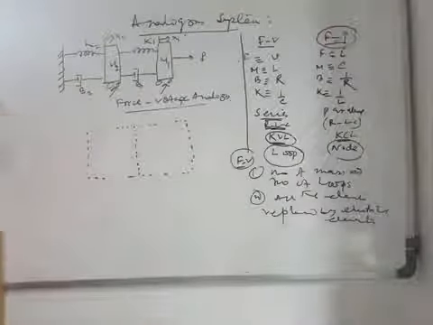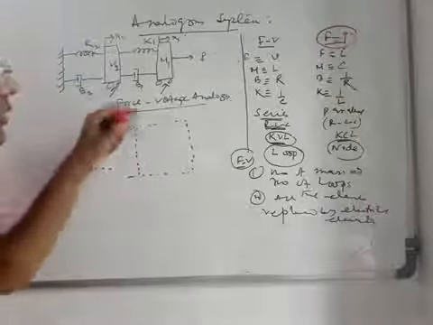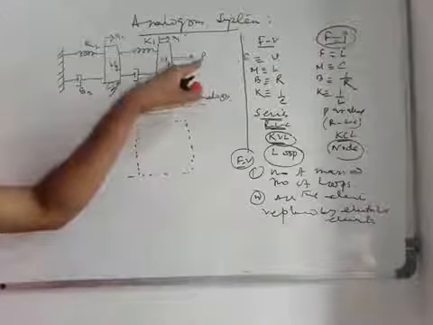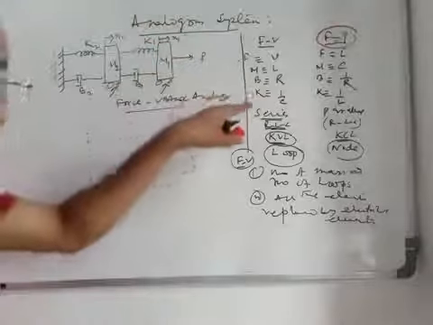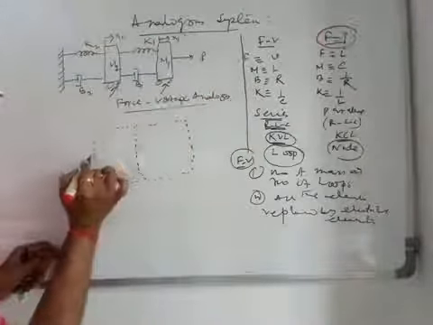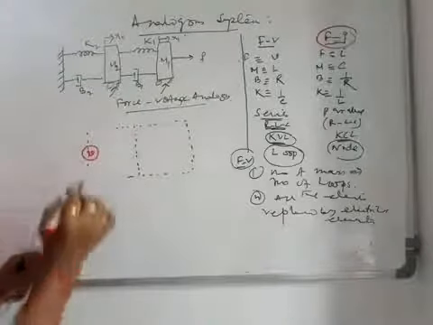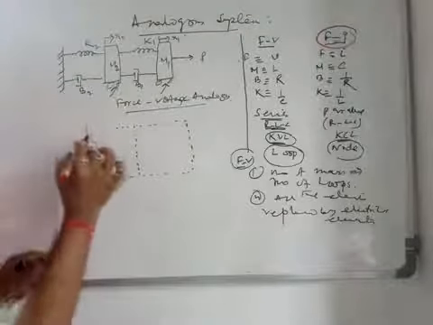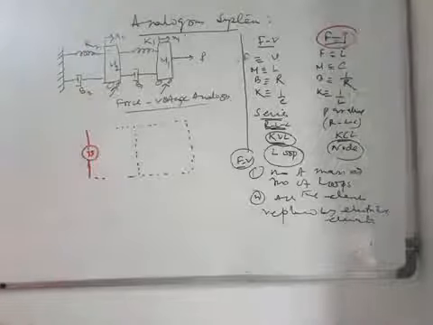And what is the forcing function here? The forcing function is F. That means in the case of the force voltage analogy, the forcing function is a voltage source. So we will use a voltage source V, say, right? So these are the connections with the voltage source.